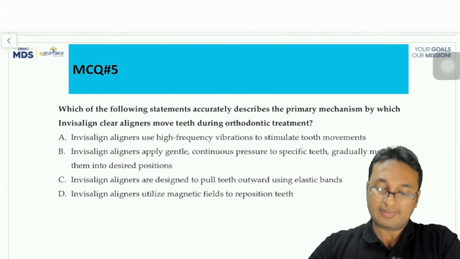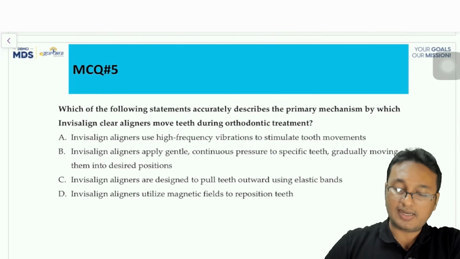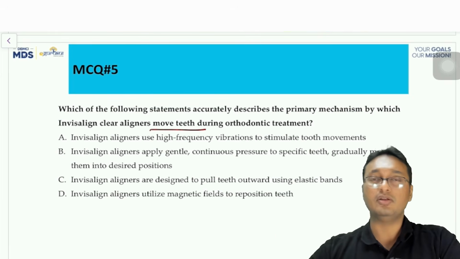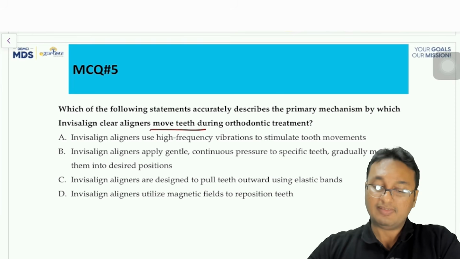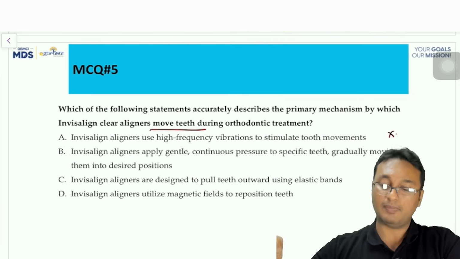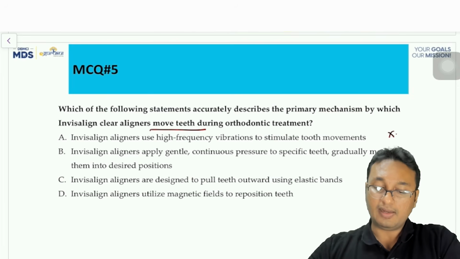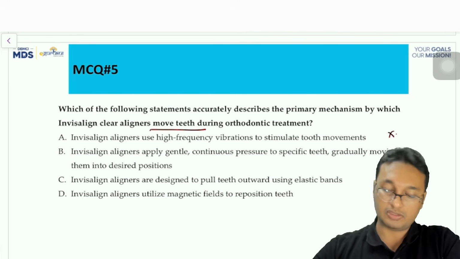Which of the following statements accurately describes the primary mechanism by which Invisalign clear aligners move teeth during orthodontic treatment? Again, quite a simple question. Invisalign aligners use high frequency vibrations to stimulate tooth movements. No, it doesn't happen that way. Invisalign aligners apply gentle, continuous pressure to specific teeth, gradually moving them into desired positions.